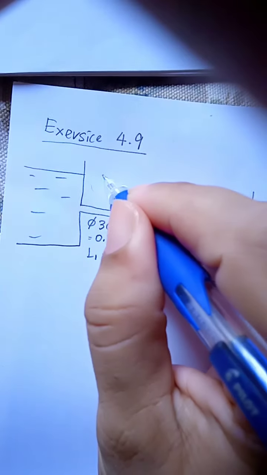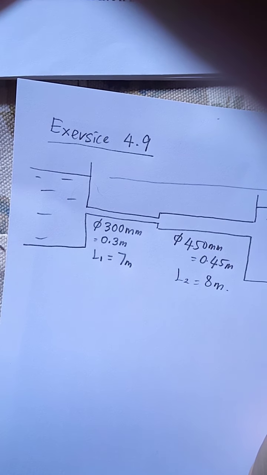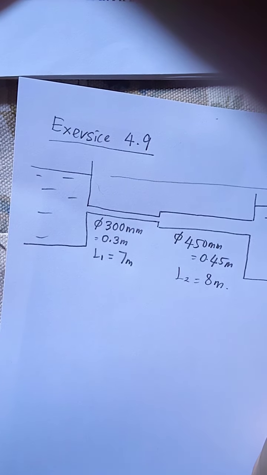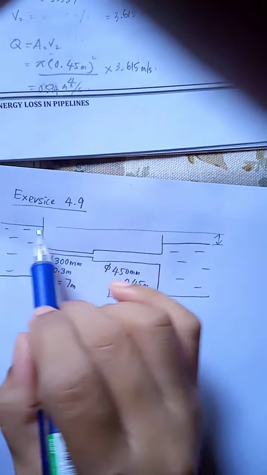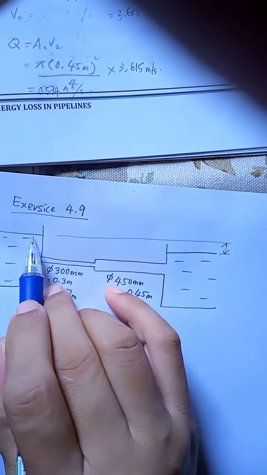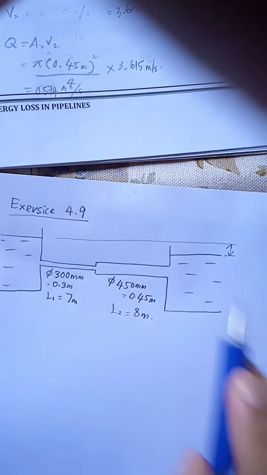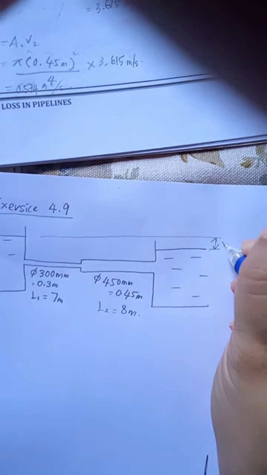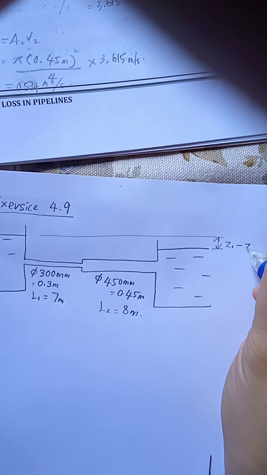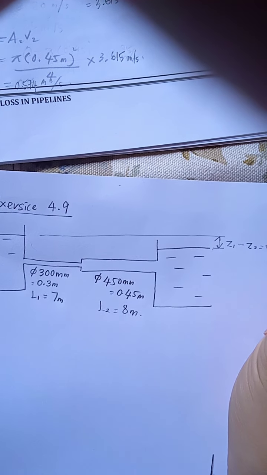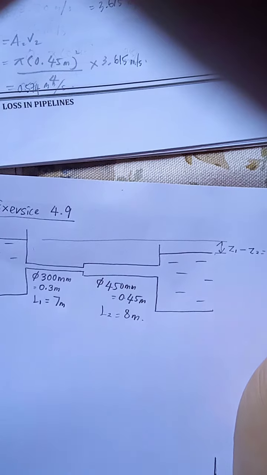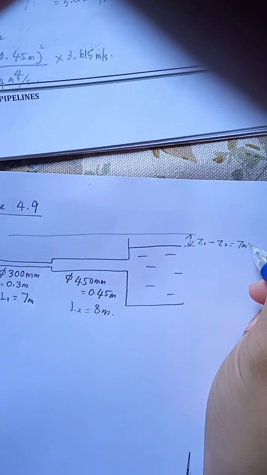So from here to here, from this one, the upper level and lower level difference is equal to 7 meter. So Z1 minus Z2 is equal to 7 meter.